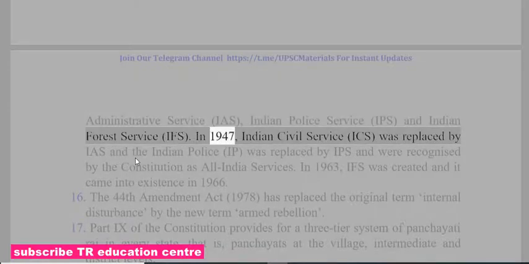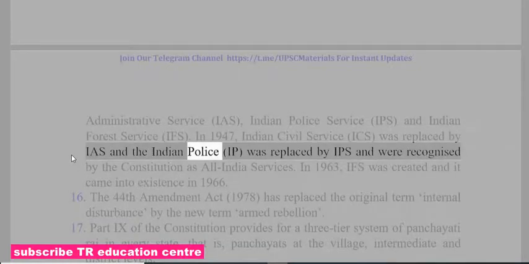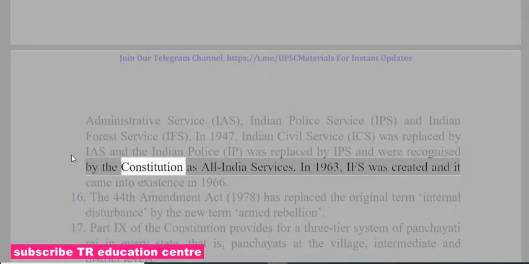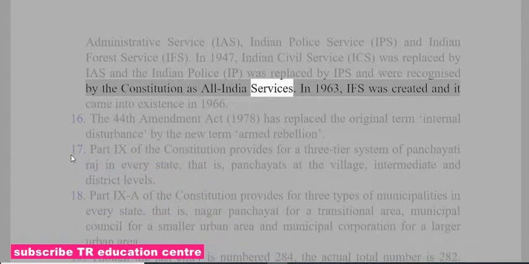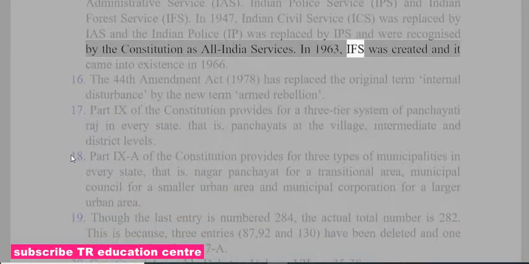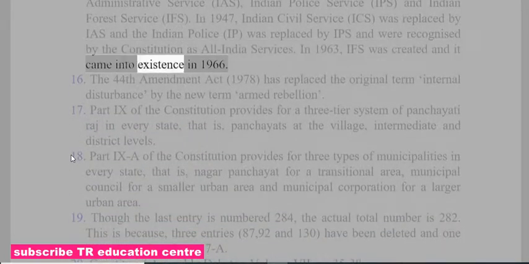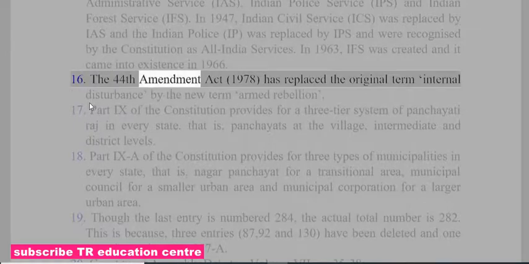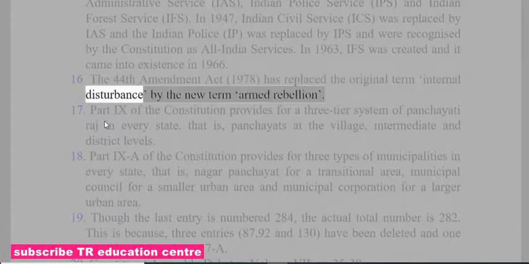In 1947, Indian Civil Service, ICS, was replaced by IAS, and the Indian Police, IP, was replaced by IPS and were recognized by the Constitution as All India Services. In 1963, IFS was created and it came into existence in 1966. 16. The 44th Amendment Act, 1978, has replaced the original term, internal disturbance, by the new term, armed rebellion.